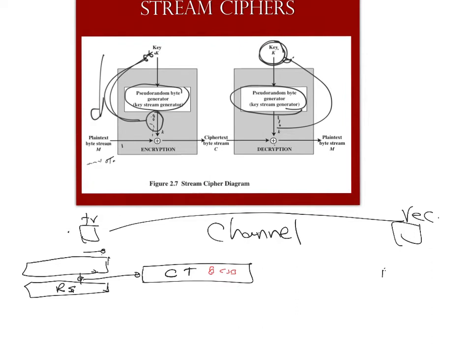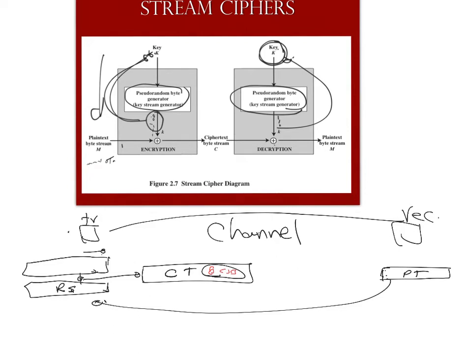So if I get here the plain text, okay, will that plain text, given the errors in the cipher text, be highly correlated with the plain text at the transmitter side? And the answer is, luckily, or the good news is that for stream ciphers, this is exactly the case.